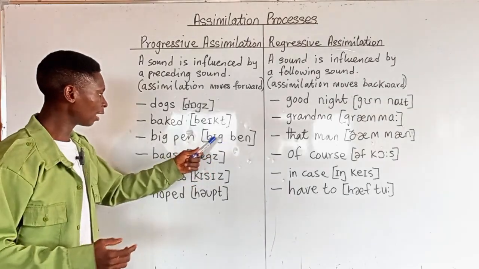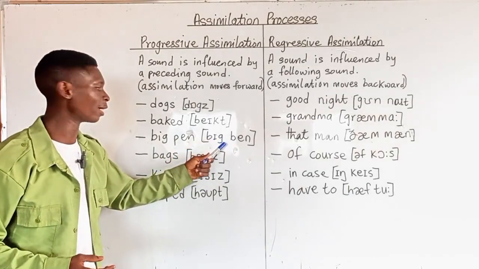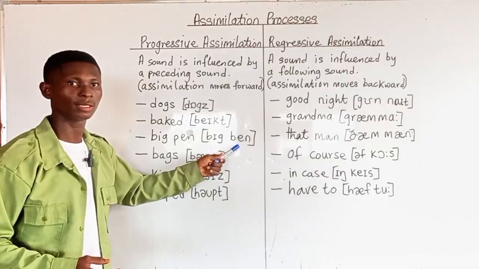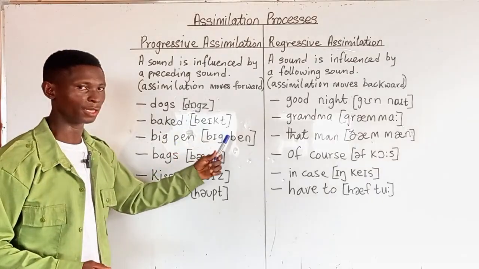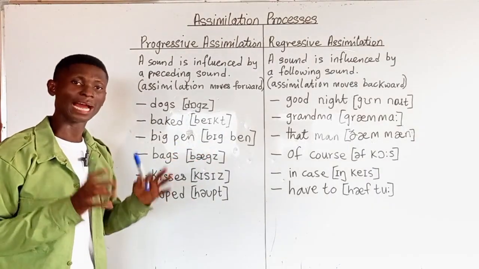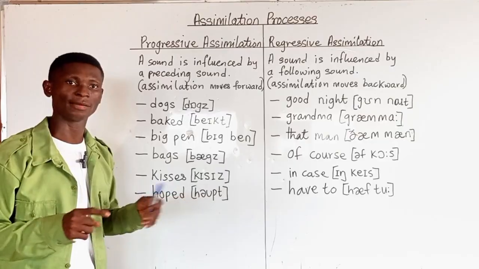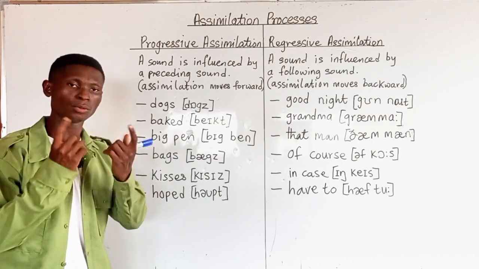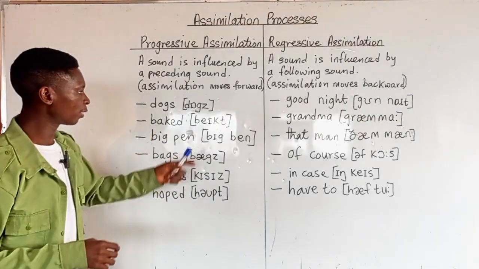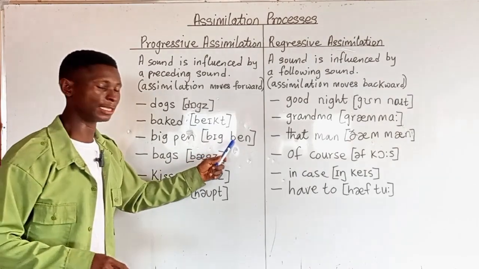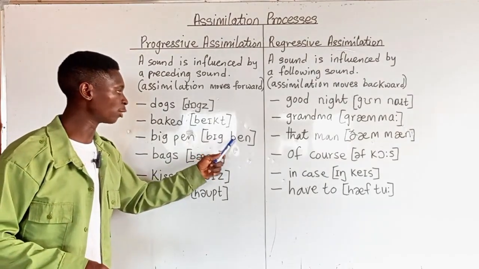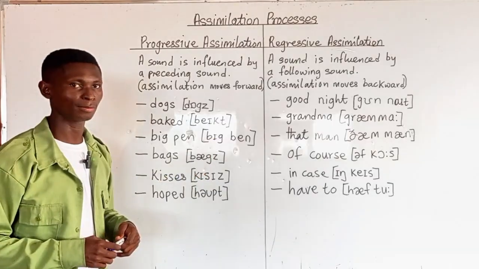But since we have g, a voiced sound here, it changes to the voiced bilabial plosive sound. Both p and b are produced at the same location in the mouth, that is with the help of the two lips. So the only difference here is that this one is voiced, and that's why it goes with the g sound.